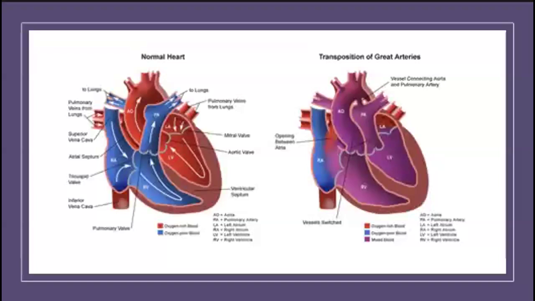And this is just an image to show you the two separate circuits. So in the standard heart, we come into the right atrium, we go into the right ventricle, we go into our pulmonary arteries, we go to our lungs, we come back in through the pulmonary vein, we enter the left atrium, we go to the left ventricle, we go out our aorta, and we go to the body.